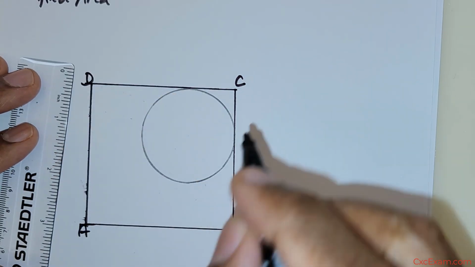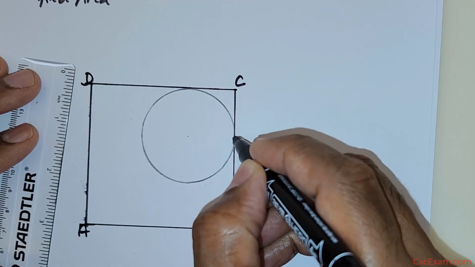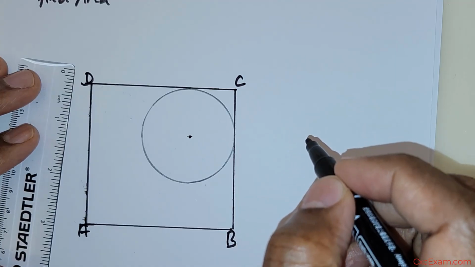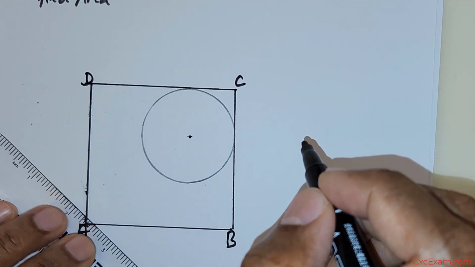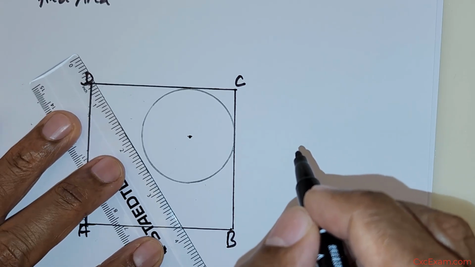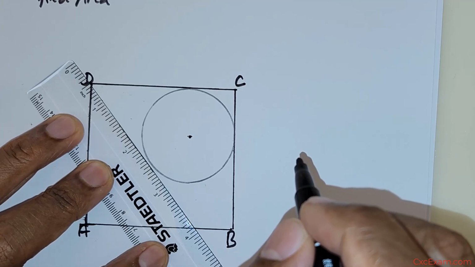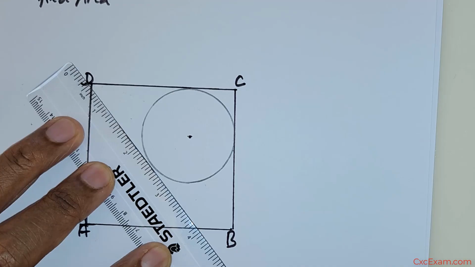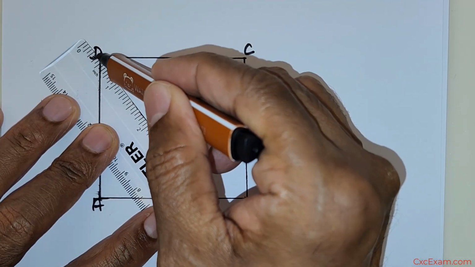Okay, so you have a point of tangency over here, a point of tangency over there. Now we actually have a line hitting in this fashion. So let me use another color.